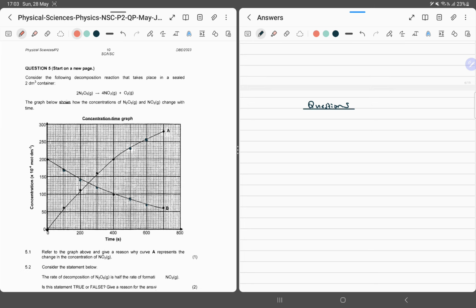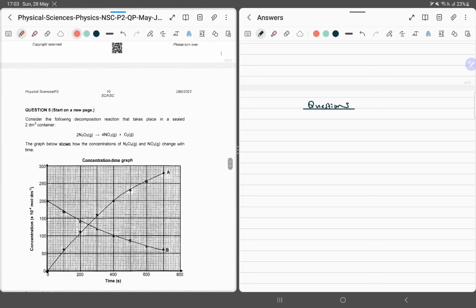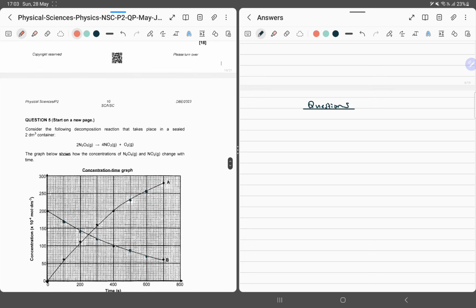Okay. So question 5 is now what you call reaction rates. So here, just know the factors that affect the reaction rate. Okay, that is very important. And then, of course, know some stoichiometric calculations.